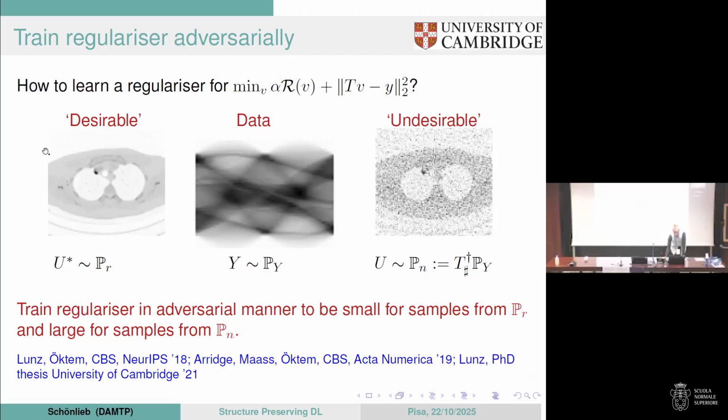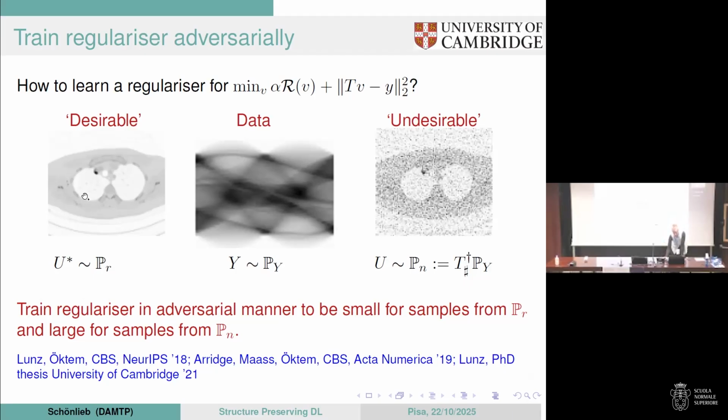And first of all, if you want to do it like this, you need to think how to create such a training set where you have what I call desirable and undesirable examples. And this depends on your application. You can either simulate your desirable examples, or you have, like for instance in the low field MRI example, one setting where you can create very high quality measurements, like with normal MRI. Or you have phantoms that you can scan to high resolution, and so on and so forth.